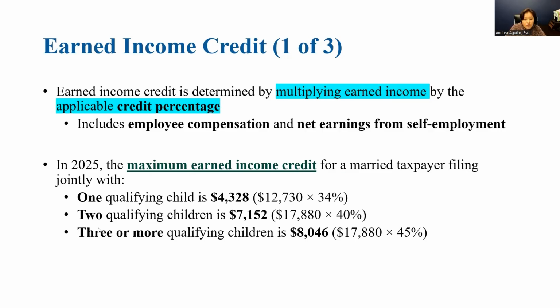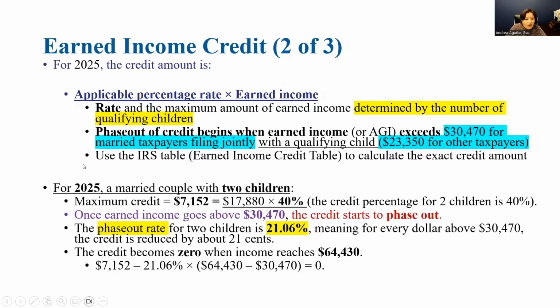And if you have three children or more, then the amount of credit that you're going to get is $8,046, obtained by multiplying 17,880 times 45%. Okay? So here, again, we have the applicable percentage times the earned income.